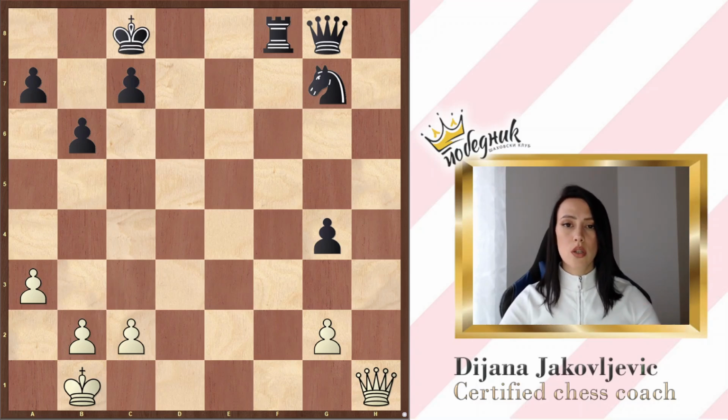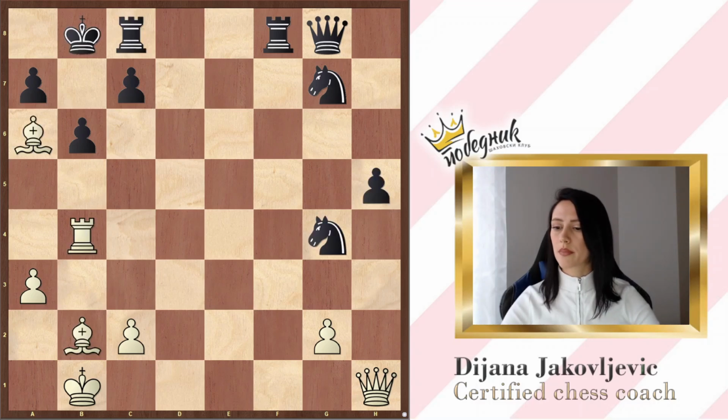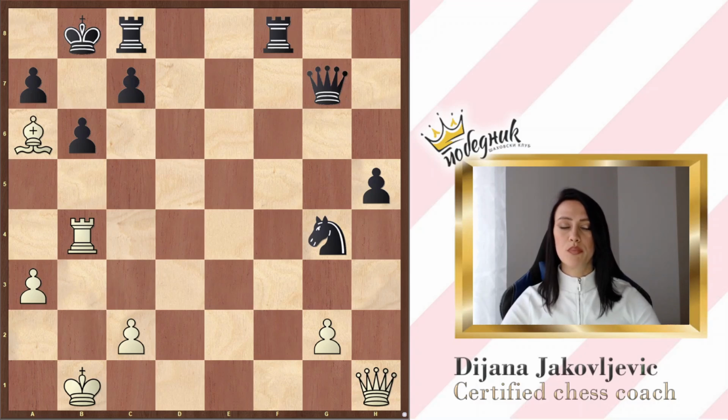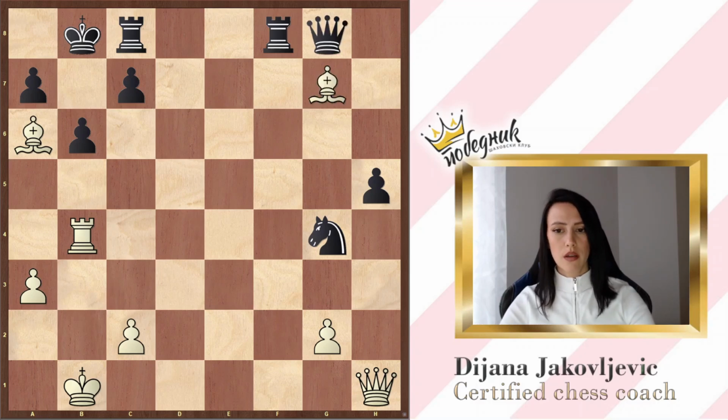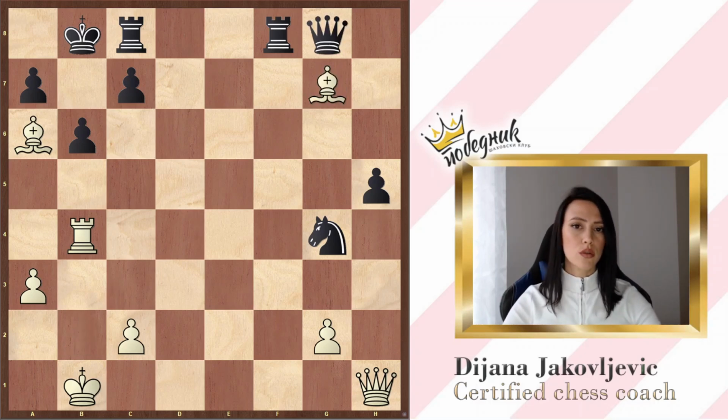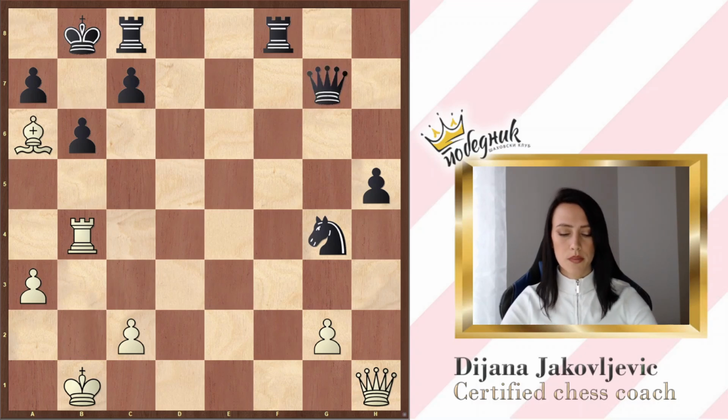So this is not okay, not good for us. If we, for example, capture this knight here, and the black queen captures our bishop here on G7, we can say that we have an equal exchange, because we gave 3 points in order to gain 3 points.